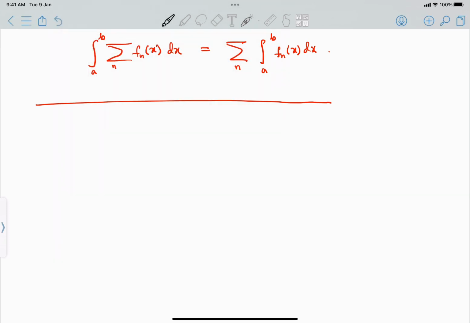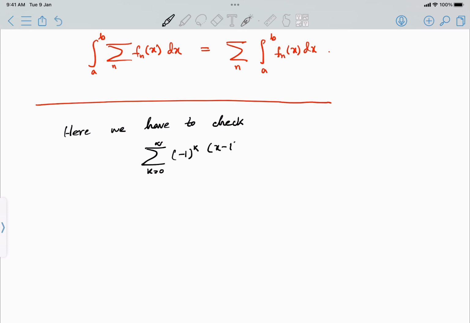Here we have to check that summation k equals 0 to infinity of minus 1 to the power k, (x minus 1) to the power k plus 1 by k plus 1 is uniformly convergent.